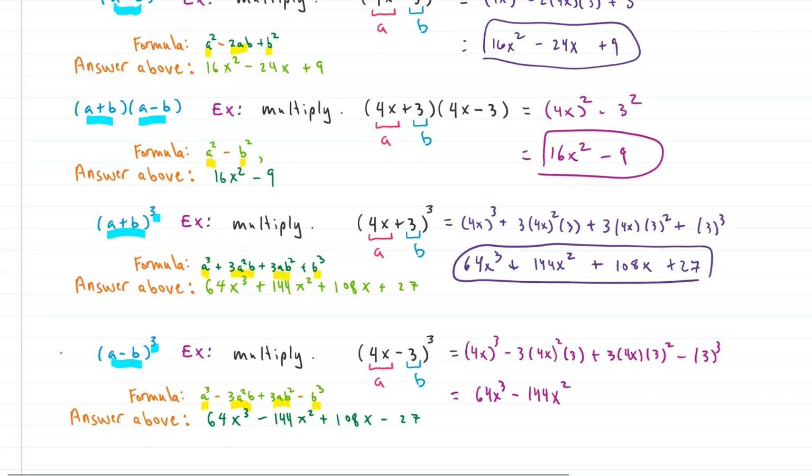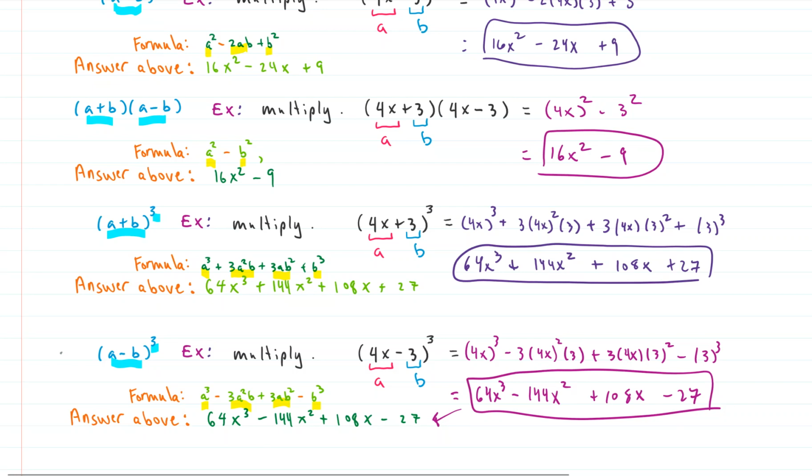And the next term, 3 squared is 9 times 3 is 27 times 4x is 108x. And then 3 cubed is 27, and the negative makes it negative. So you can see we get the same thing as we had the last time we did it, which we just multiplied out.